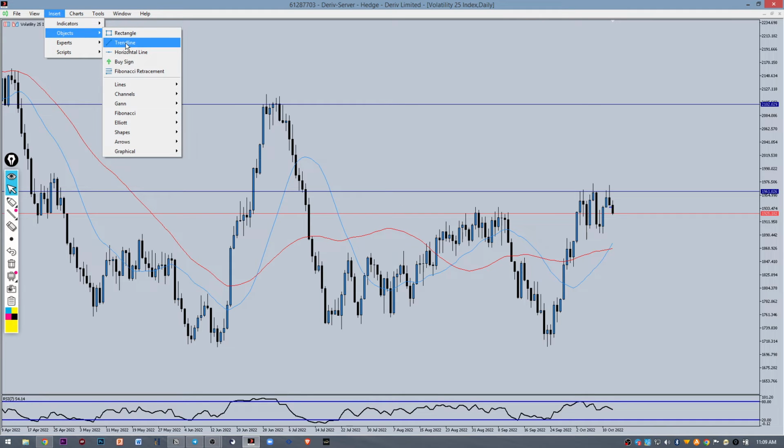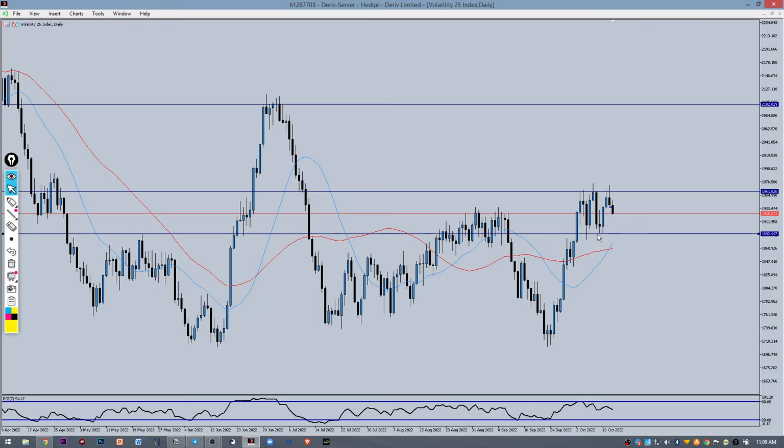And as you guys can see right here, this is also a second reason that I would love to see price come and tap into. So you guys can see there, there, there, and there. So this is going to be my trading range. Now you can also add your minor zones right here, like this area. These are minor zones where we can most likely see price come and retrace from.